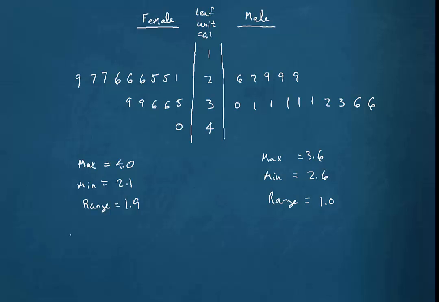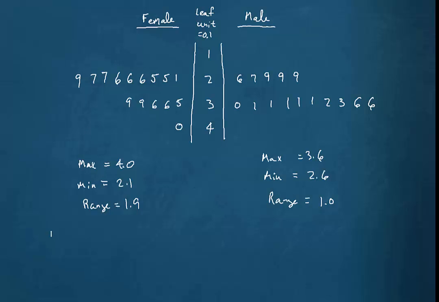Something else that's interesting here is that the shapes of the distributions are completely backwards. The female modal class is the smallest, and then it descends from there. The modal class for males is the largest, and it ascends from the bottom up.